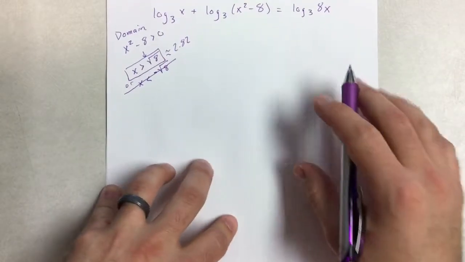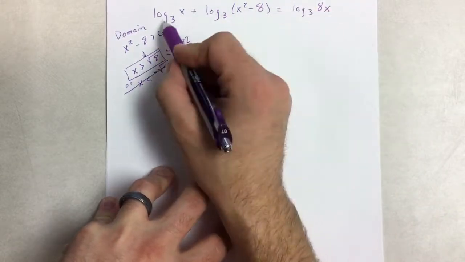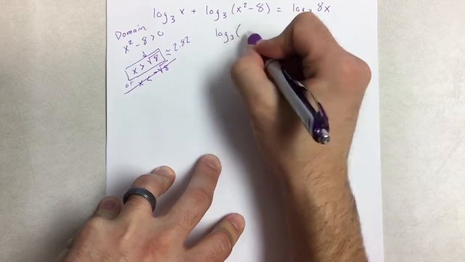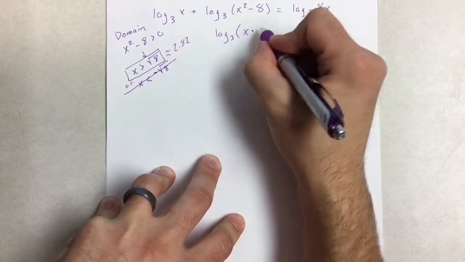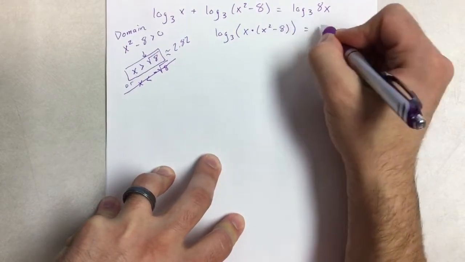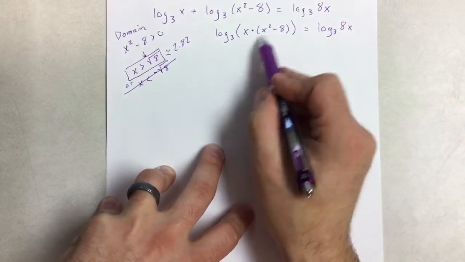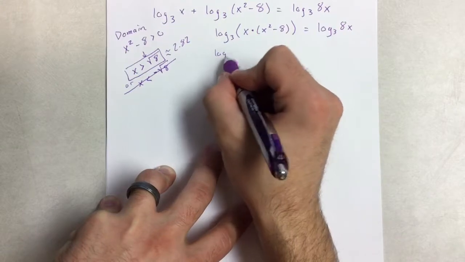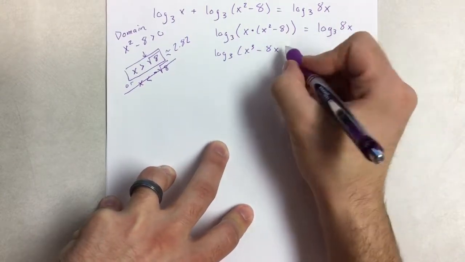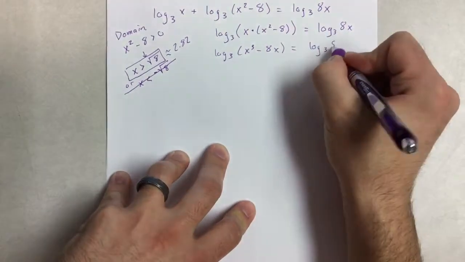Okay, so solving this, I'm going to use the product rule. See, in the addition, the bases are the same. I'm going to use the product rule, which says that I can combine addition with a product. Simplified in here, x cubed minus 8x equals log base 3 still of 8x.